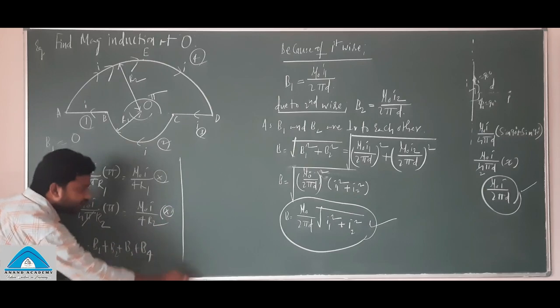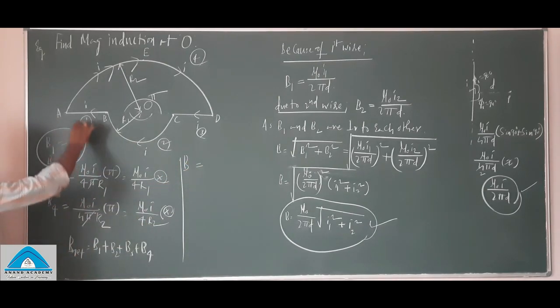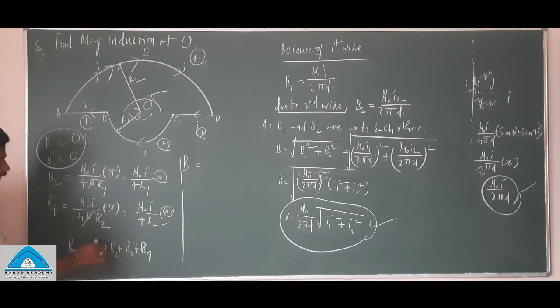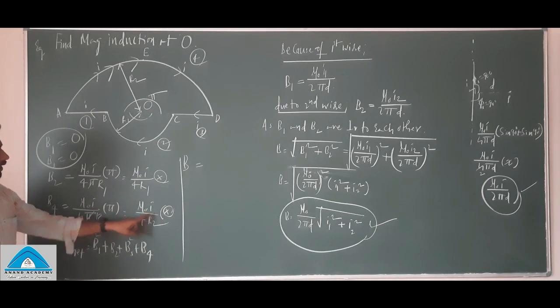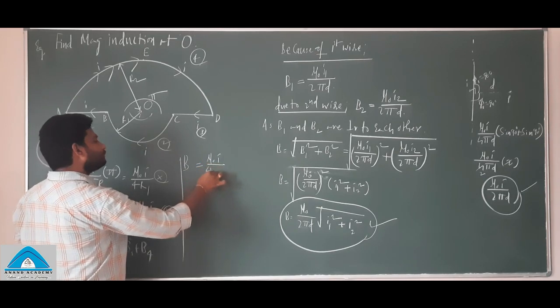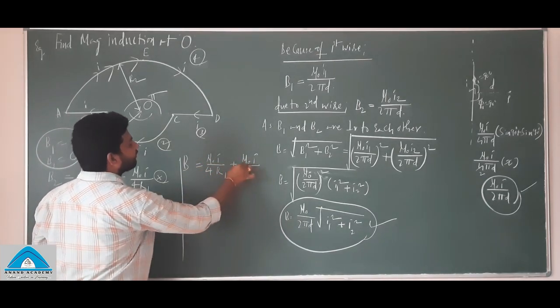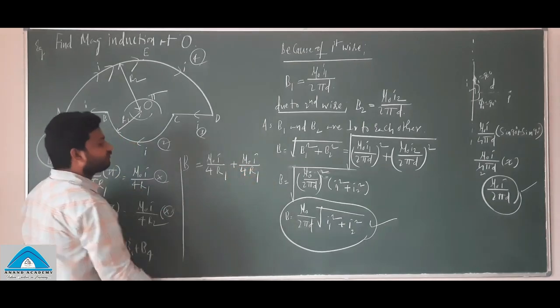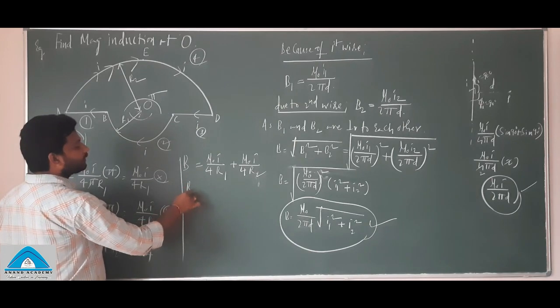So here, what I can write as the net value: 0 and 0, B1 and B3 are 0. And here, both are in the same direction, right? Mu naught I by 4 R1, mu naught I by 4 R2. So as they are in the same direction, I'm just adding them up. Okay, so what can you take common here?